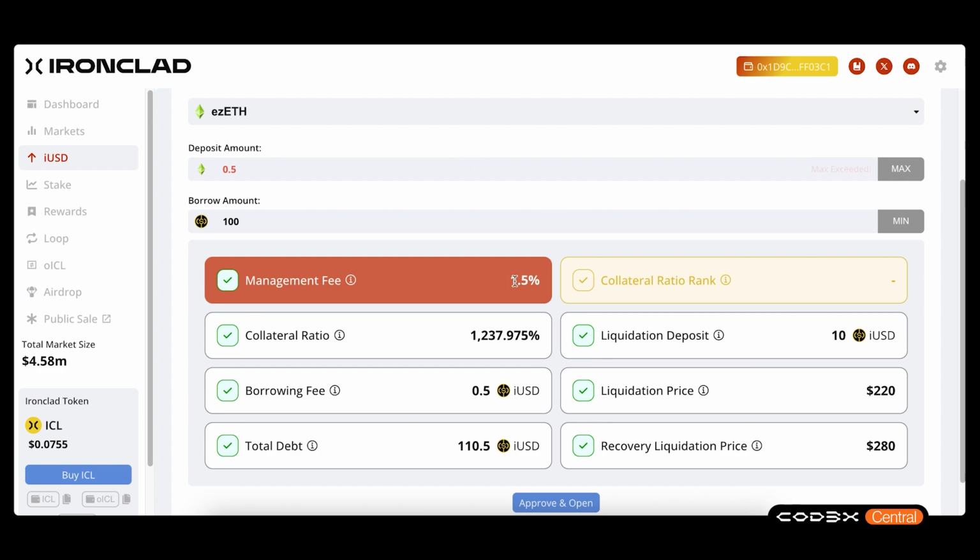So this management fee is just meant to deter that behavior and to make it less profitable or less attractive to loop IUSD. And this fee gets routed to the stablecoin holders via the stability pool, in an attempt to balance the demand to long and short the stable and keep the peg at $1.